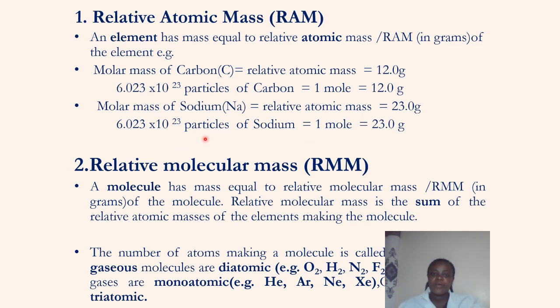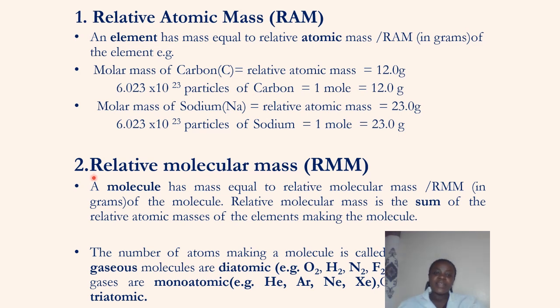So the molar mass is equal to the relative atomic mass, and is equal to 1 mole, which is equal to 6.023 times 10 raised to the power 23, what we call Avogadro's constant.